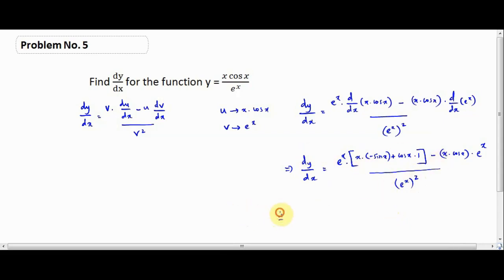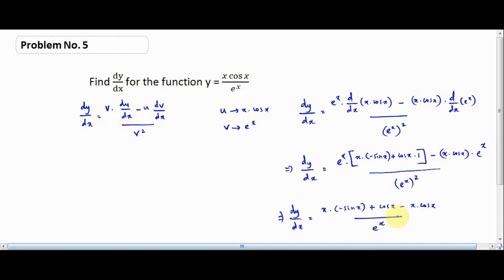By simplifying, we will get dy by dx equal to, okay, here we have e raised to x, here also we have e raised to x, here we have e raised to x whole square. So we may cancel one e raised to x from both numerator and denominator. So we will get it simplified as x into minus sin x plus cos x, minus x into cos x, whole divided by e raised to x.